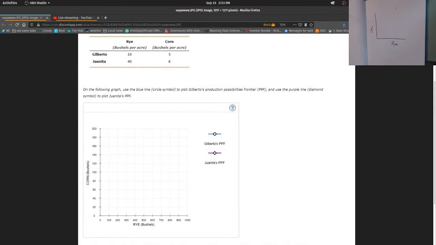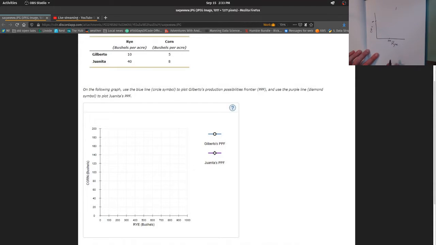And for Gilberto, if he spends all of his time on rye, 20 acres times 10 per acre is going to be 200, which we'll put right here. And if he spends all his time on corn, we're going to have 20 times 5. 20 times 10 would be 200, so 100 units of corn.